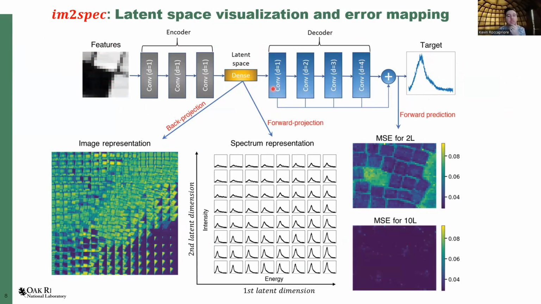And another way to visualize what's going on here is that the latent space is a complicated object, I would say, and a lot of times difficult to understand or visualize. But we can do what's called back projection or forward projection once we have this learned latent space, to see what things look like from the machine perspective.